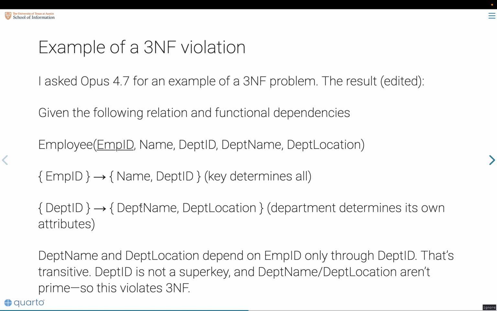I'm blanking on what prime means here. I think it means atomic. Oh, no, they aren't primary. That's what it means. They aren't primary.